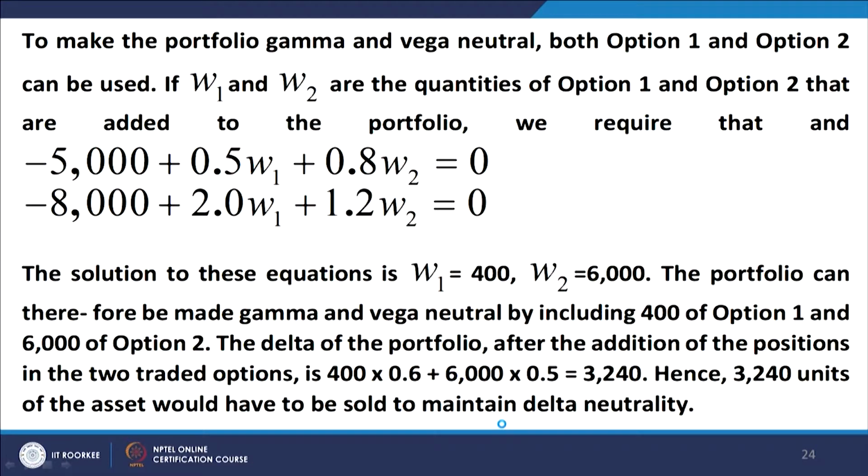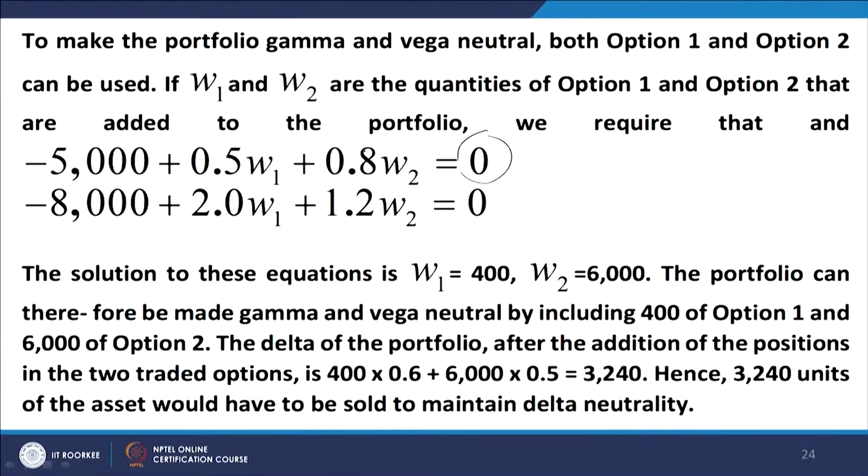So, we have minus 5000 plus 0.5 into W 1, where W 1 is the position in option 1 and 0.5 is the gamma of option 1, that is one option has a gamma of 0.5. Similarly, we have W 2 units of option 2 and each option has a gamma of 0.8, and we want the whole thing to be gamma neutral. So, the gamma of this entire set must be 0, and we write the similar expression for the Vega.